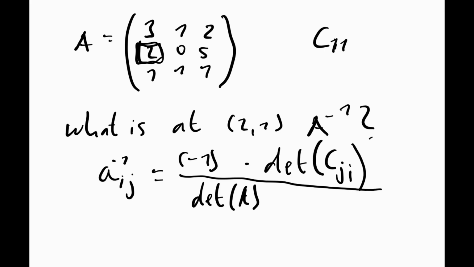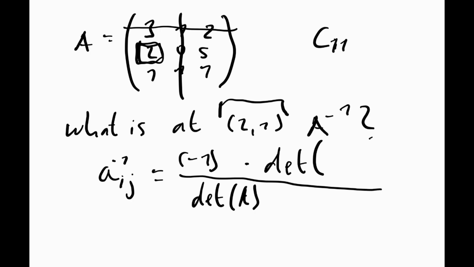So we had this coordinate 2, 1, which means now we have to switch it and remove from A the first row and second column, and take the determinant of that. So that's this. What's left is 2, 1, 5, 1. And the determinant of A itself is going to be the determinant of this whole matrix we have here.